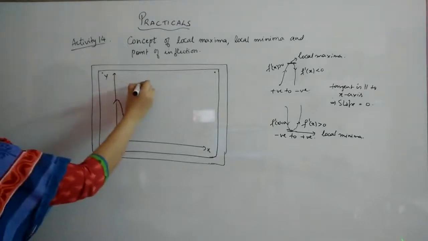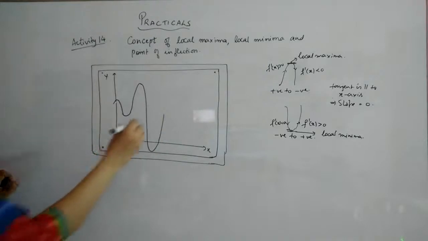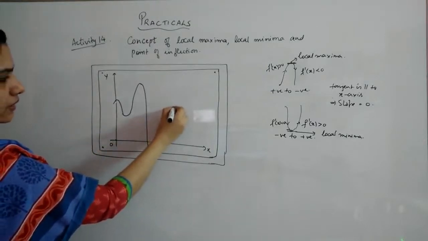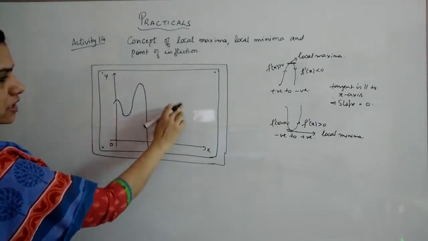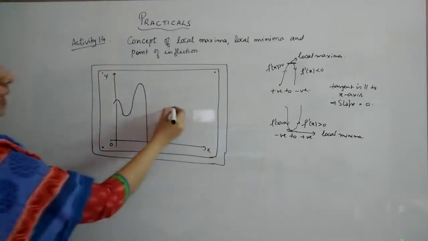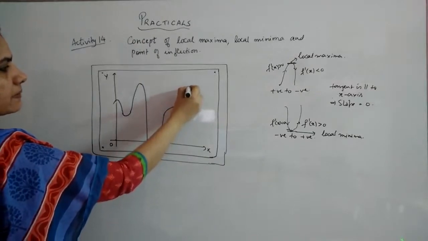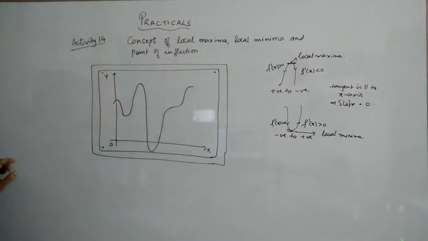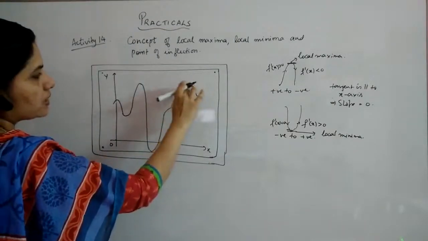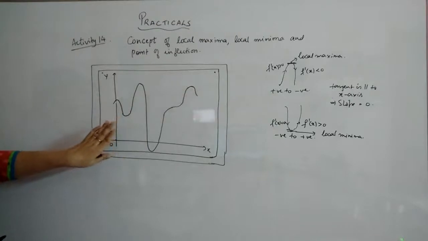Now going down till this point, and then you have a point of inflection, where it is neither a hill nor a valley, and then going again upwards like this. Let it be like this. This much graph you are taking. So this is your y equal to f of x.